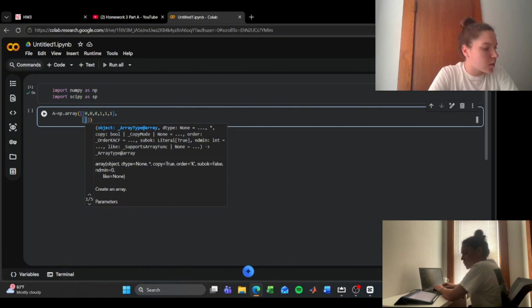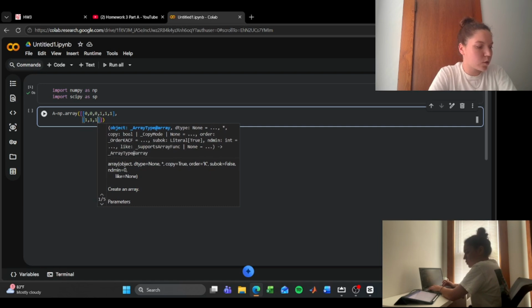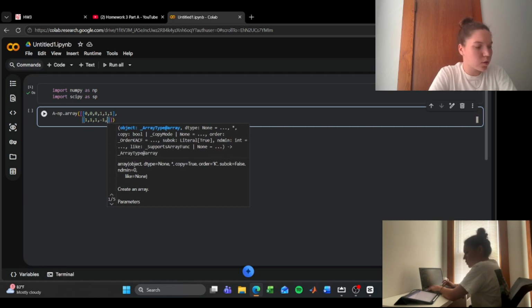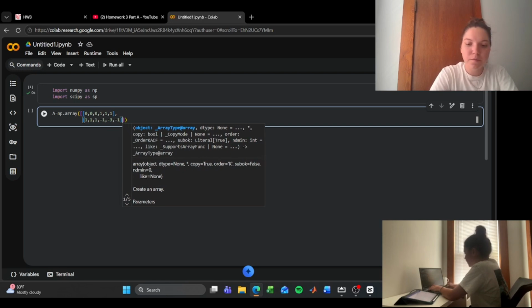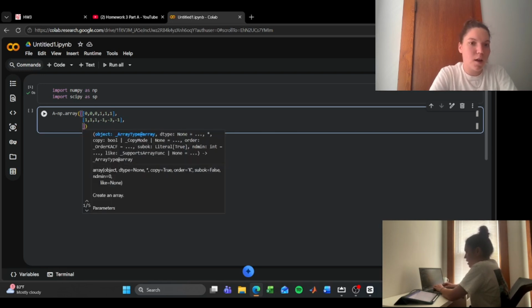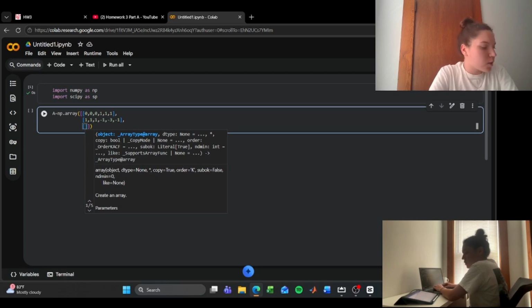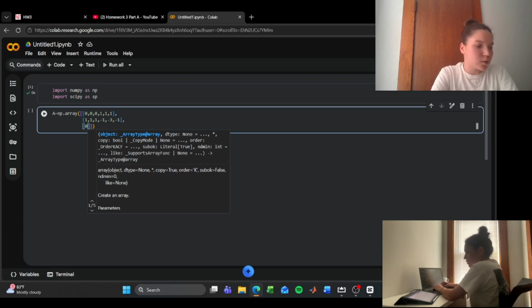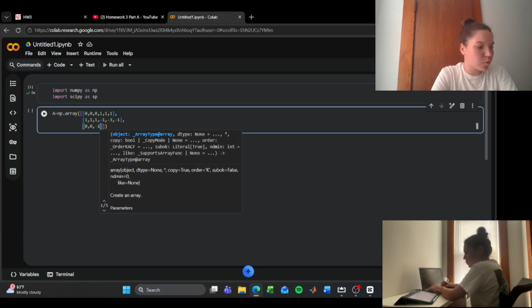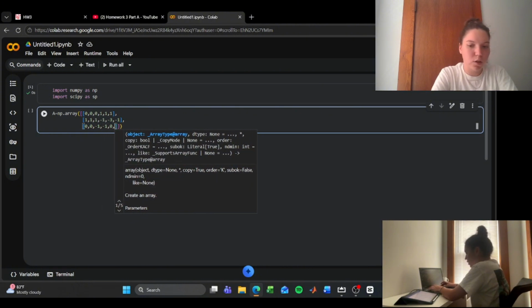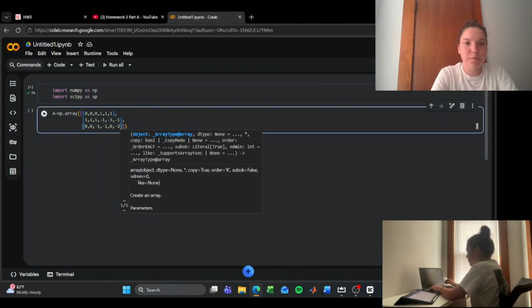And then the second row was in meters. That was 1, 1, 1, -1, -3, and -1. And then the last row was in seconds. That was 0, 0, -1, -1, 0, -2.